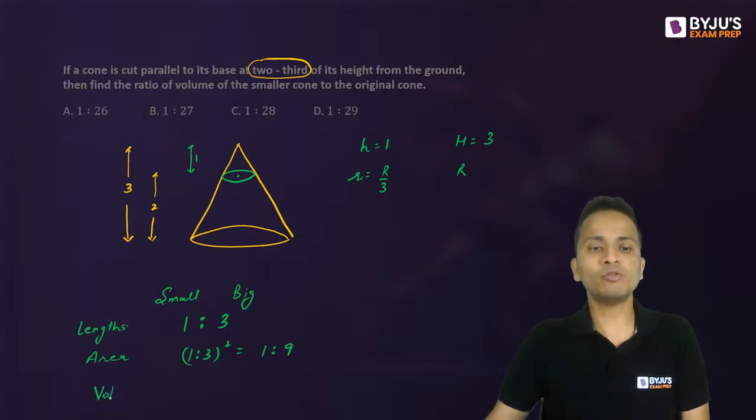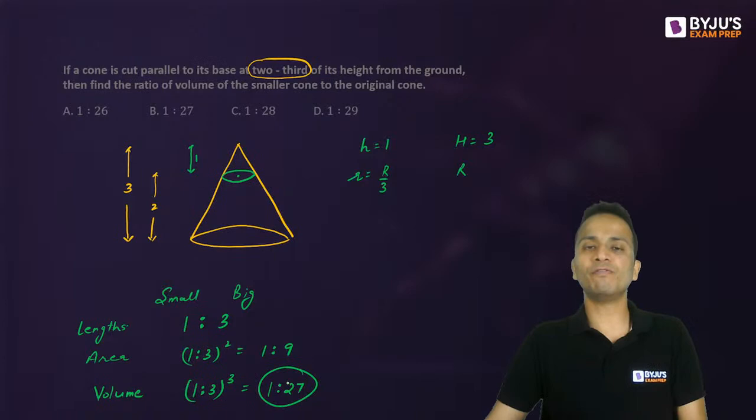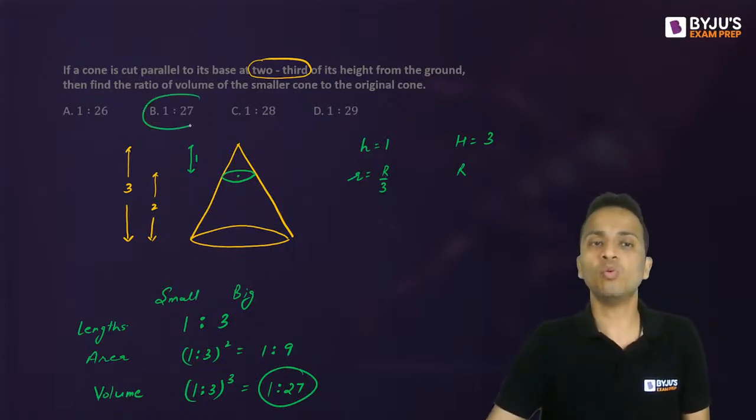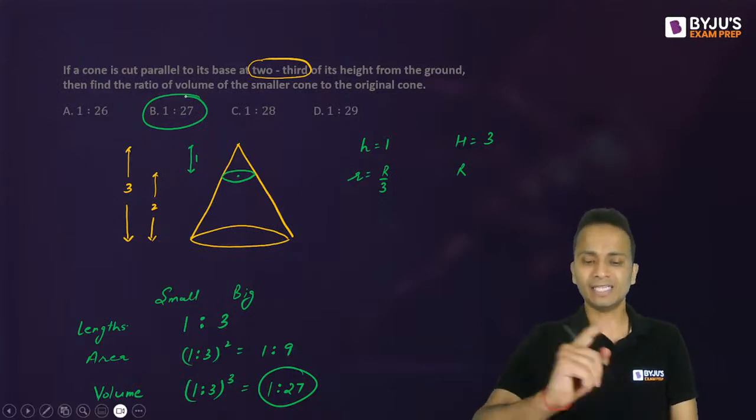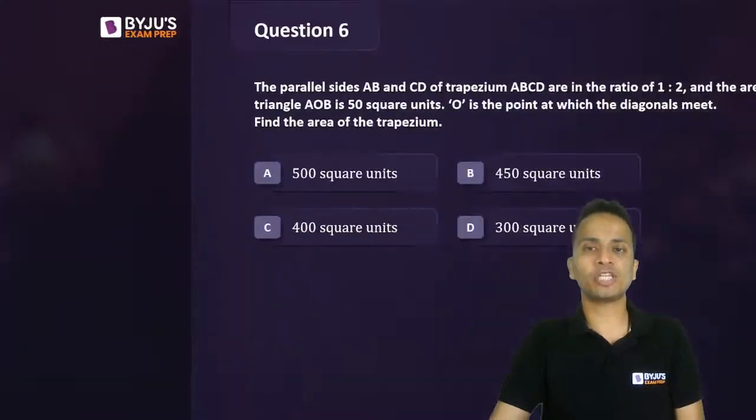If they're talking about the ratio of the volumes, it will be the cube of the ratio of the sides. So 1:3 whole cube, that is 1:27. So the ratio of the volume of the smaller cone to the original cone will be 1:27. That is option B. Okay, let's move on and look at question number 6.